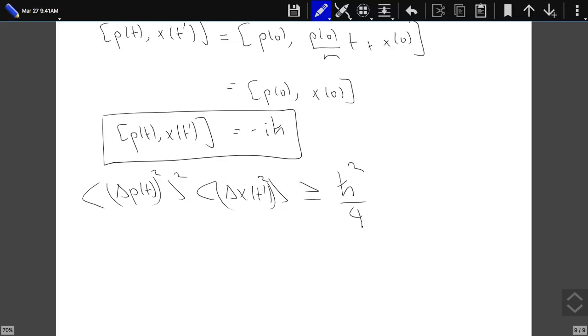For example, classically speaking, let's look at a classical example of a potential well. Now this is a free particle, but let's look at the potential well, a harmonic potential with some dissipative force. No matter how much I know about the initial position of the particle, whatever the initial momentum is, eventually the particle will be at the minimum of the potential.